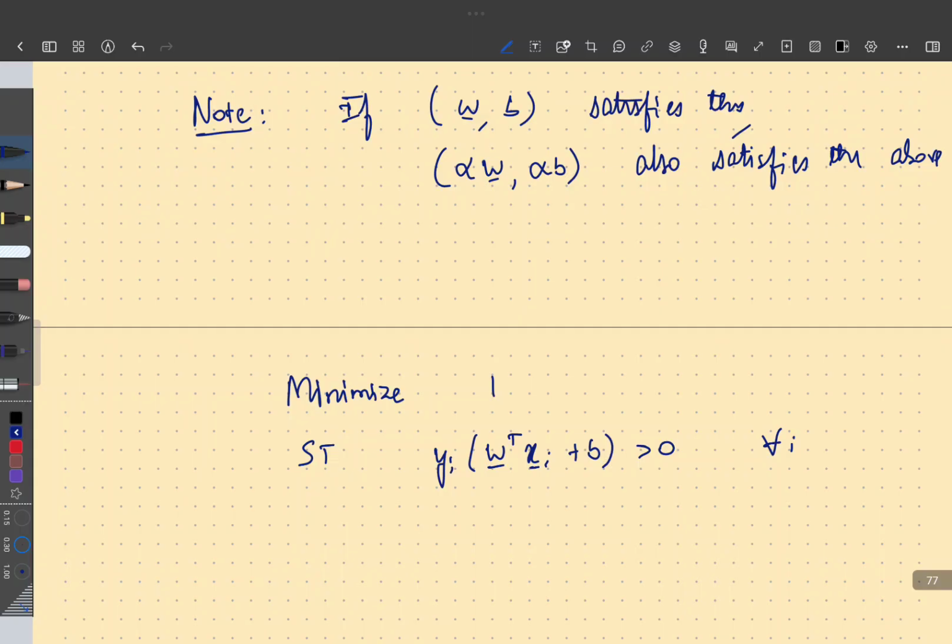Because if yi is plus 1, then you want w transpose xi plus b to be greater than 0. If yi is minus 1, then you want w transpose xi plus b to be strictly less than 0.